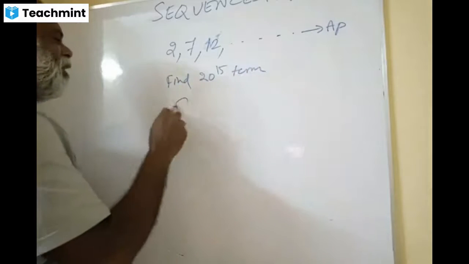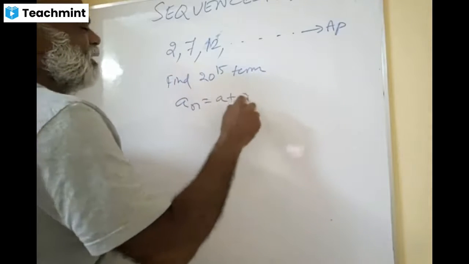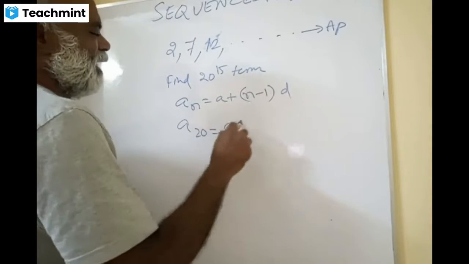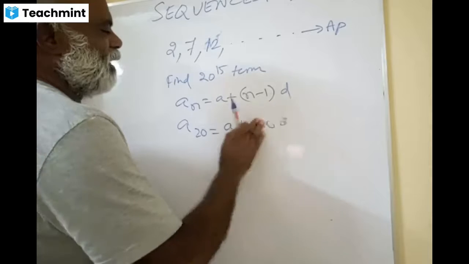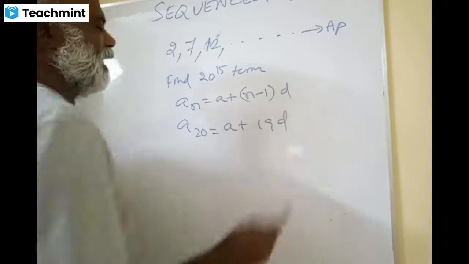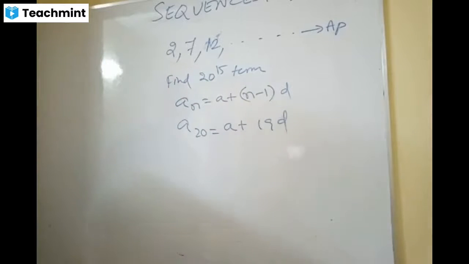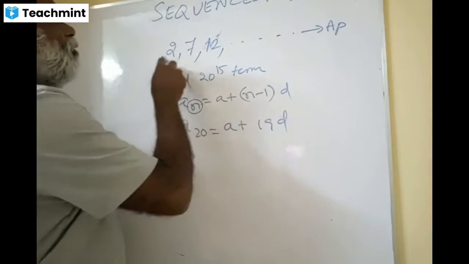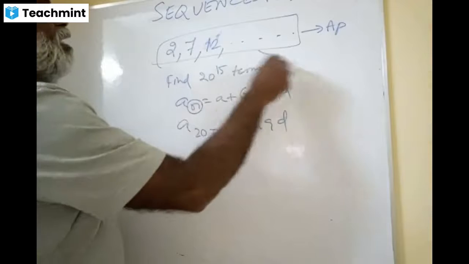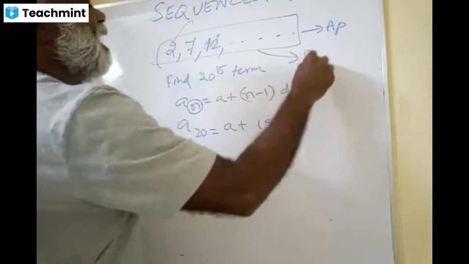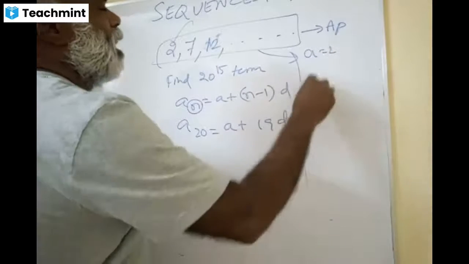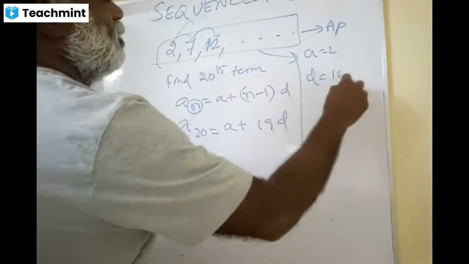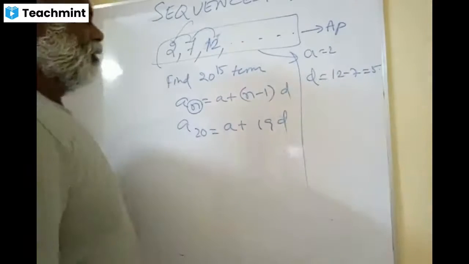Just now I told you An is a plus n minus 1 into d, so A20 is a plus 20 minus 1, that is 19d. All of you agree with me? Then in this sequence, my a is 2, and my common difference is 7 minus 2, or 12 minus 7, which is 5.